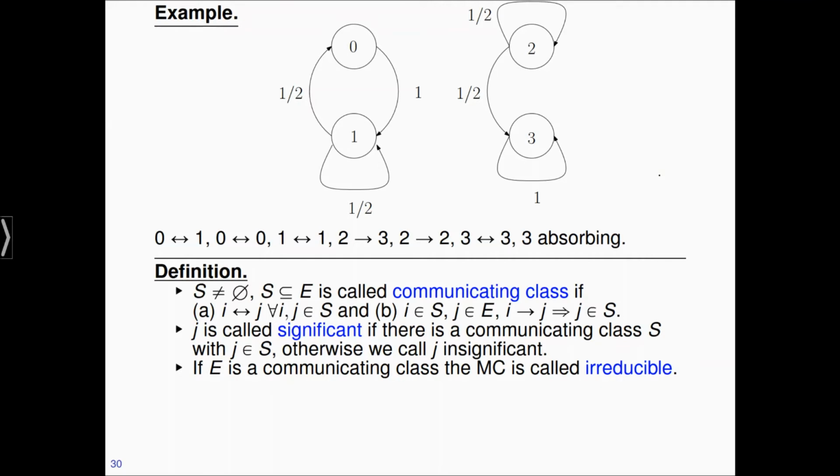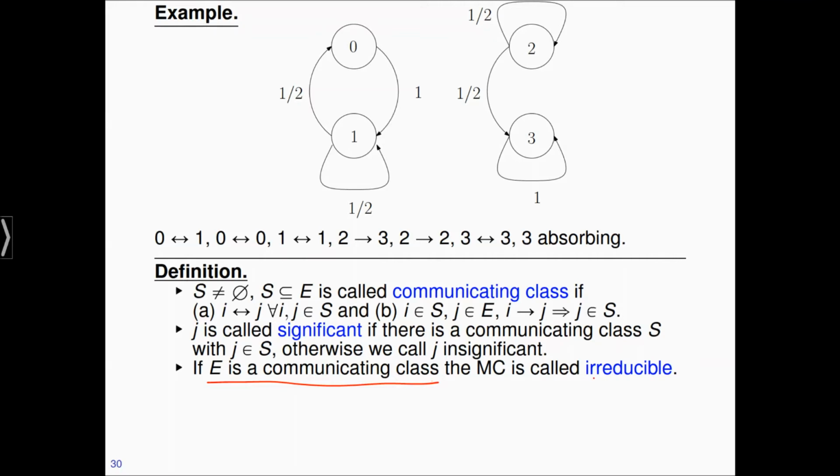The last thing that is defined here is that if E is a communicating class itself, so if the whole state space of the Markov chain is a communicating class, then the Markov chain is called irreducible.